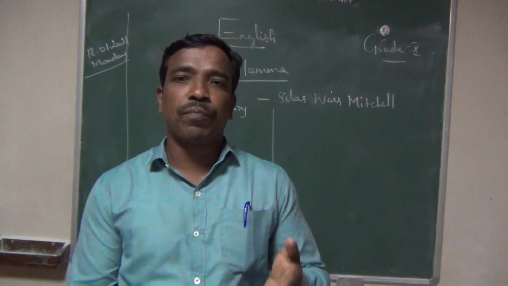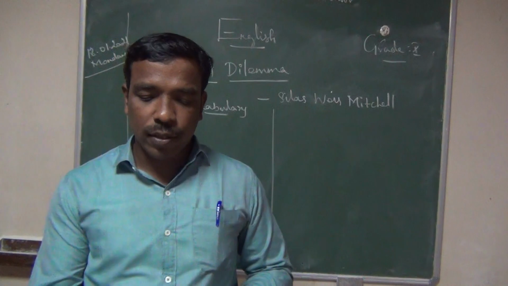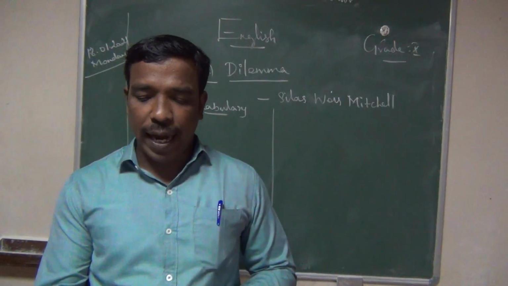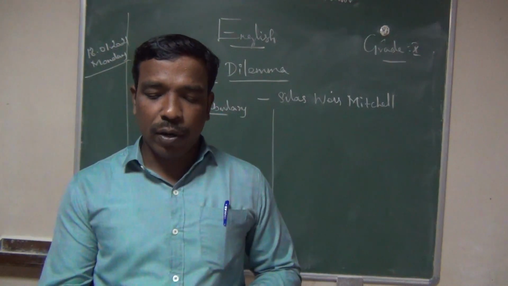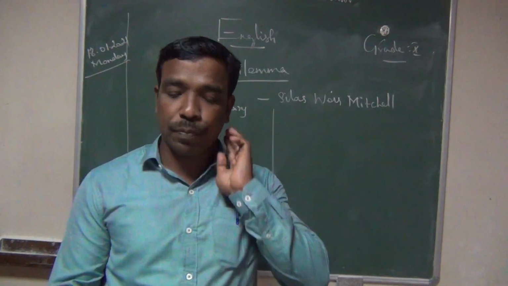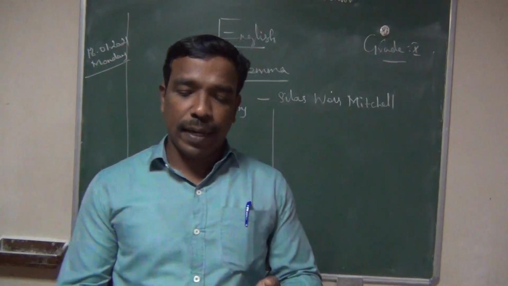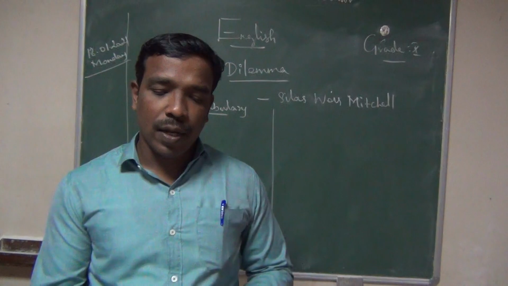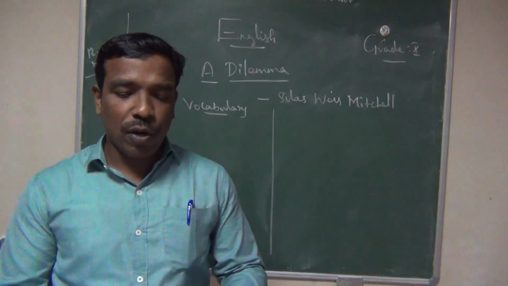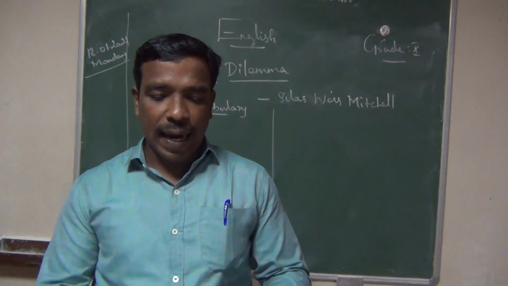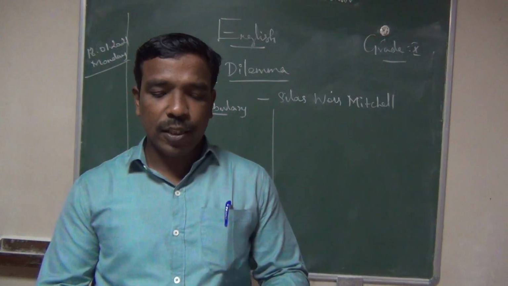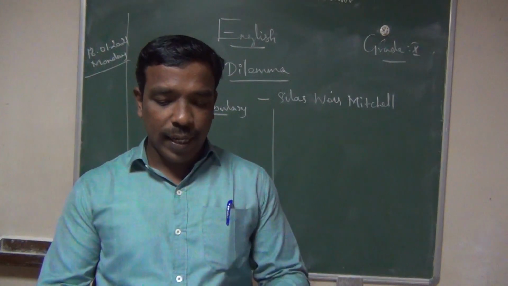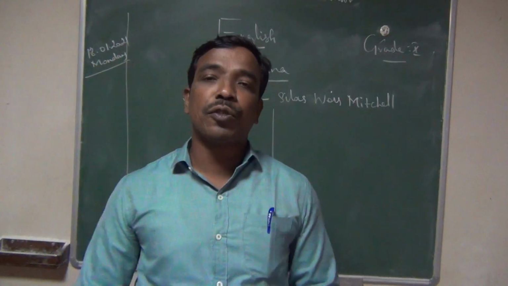We will read about this author Silas Weir Mitchell, born 1829, died 1914. He was a neurologist by profession. A neurologist is a medical specialist in the nervous system and the disorders affecting it.